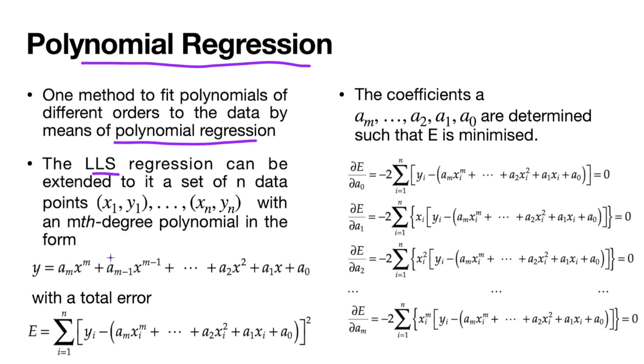You know that our polynomial when we were using the linear function was y is equal to a1 x plus a naught. But you can see that if we are going towards the mth degree polynomial, these terms will keep on adding to our polynomial.